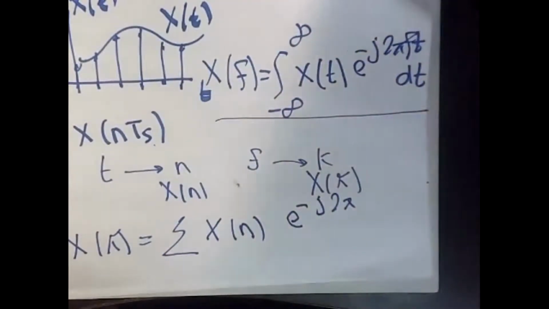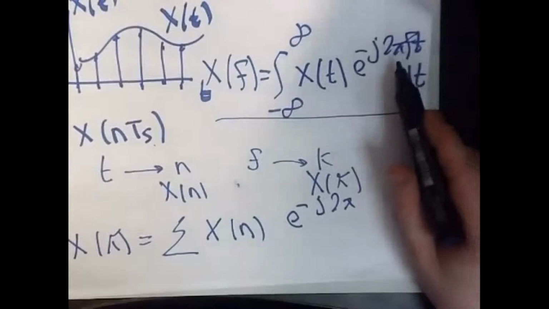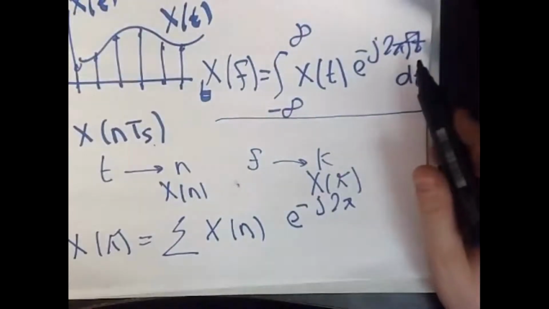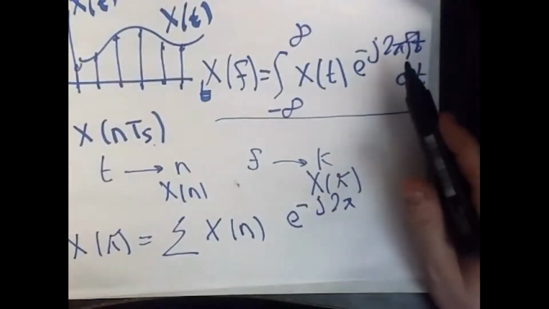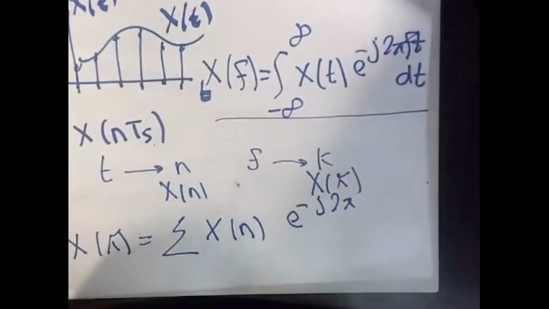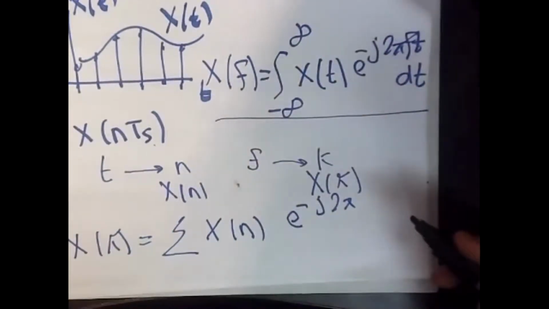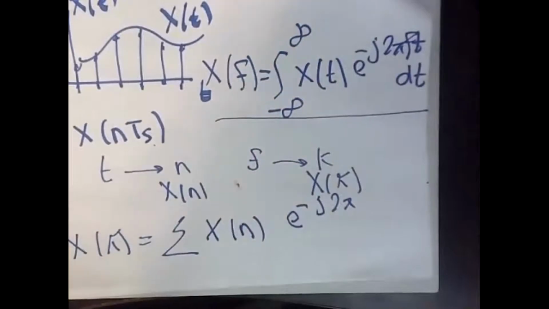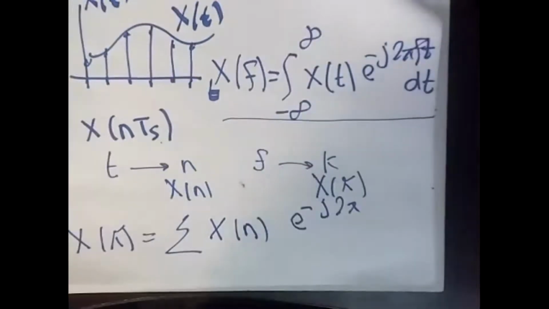Perfect. Now we have f and t. So we should have some replacement for f and t. So let's think in a very easy manner. Okay, so how can we do it?